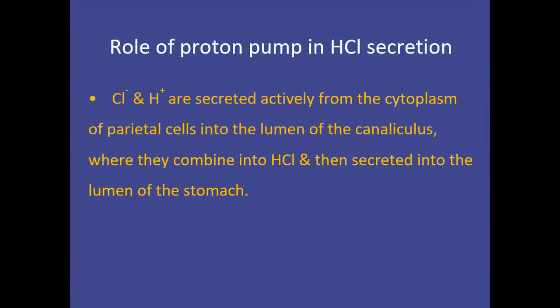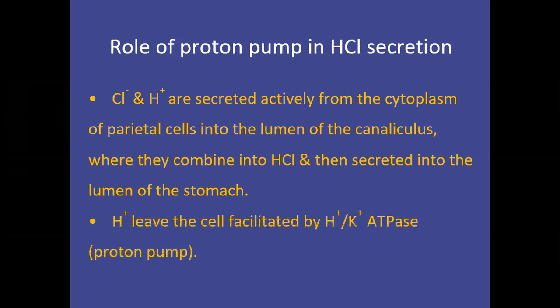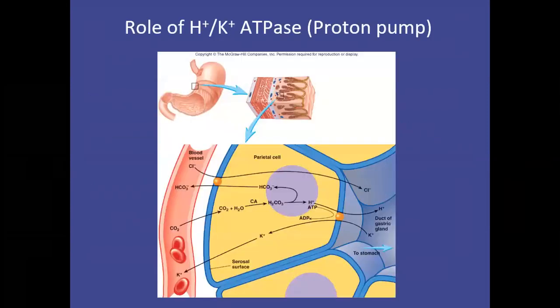I already mentioned the role of the proton pump briefly. Chloride and protons are secreted actively from the cytoplasm of parietal cells into the lumen of the canaliculus, where they combine into HCl and are then secreted into the lumen of the stomach. Protons leave the cell facilitated by the proton pump, as I mentioned already.